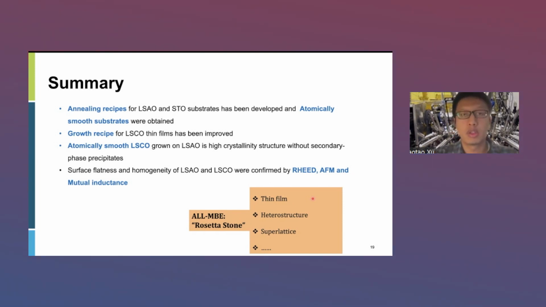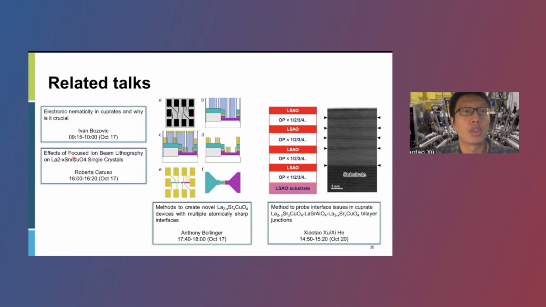Besides this, I would also like to give a short advertisement for my colleagues in the group. Yuan and Roberta's talks already happened earlier today, and Tony will give a talk about the method to fabricate LSCO devices in about an hour.